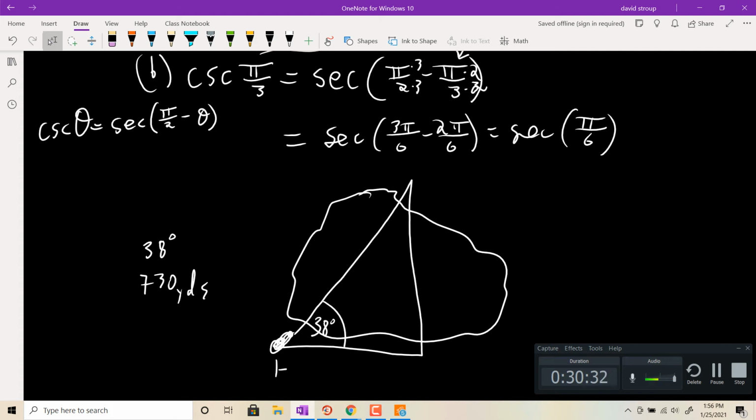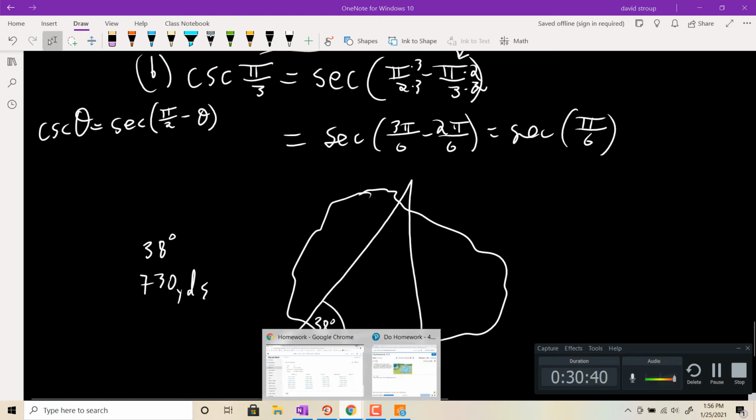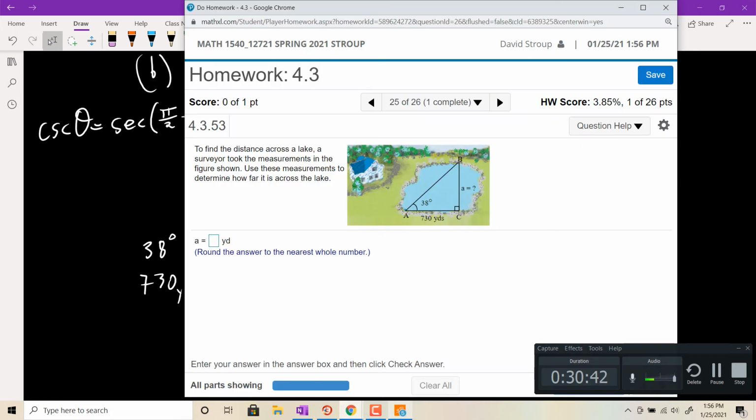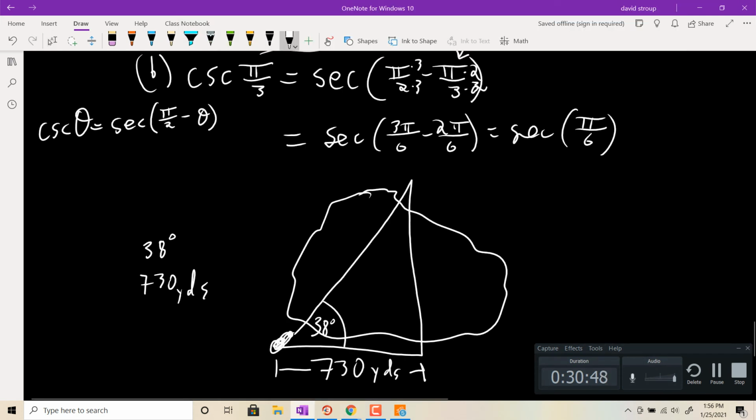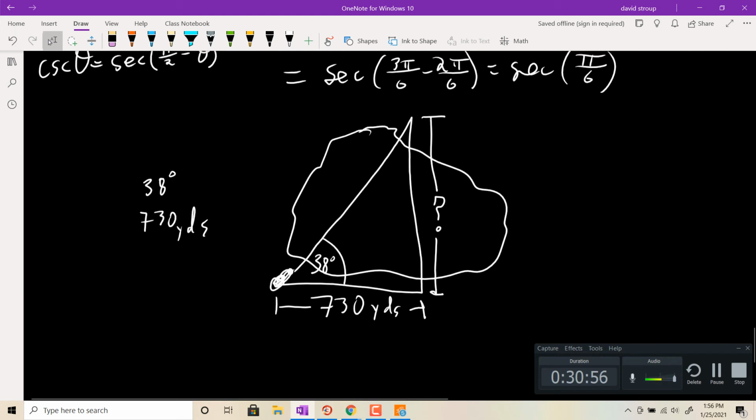And then I think they tell us this distance is 730 yards. And then we want to find this other length. Sorry, so it's this length here that we're interested in. So that's my question mark. Okay, let's see if we could pull this off.